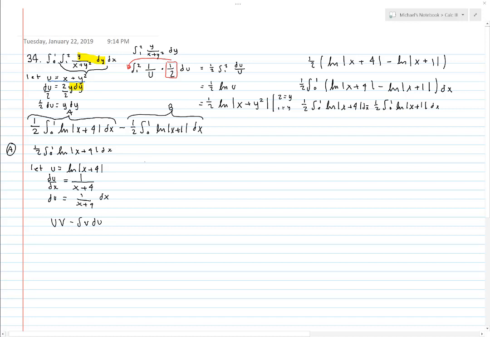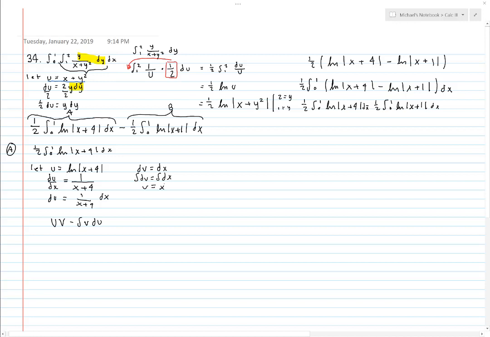So what we're going to say is that dv is equal to dx. And then we're going to say the integral of dv is equal to the integral of dx. And then we're going to say v is equal to x.